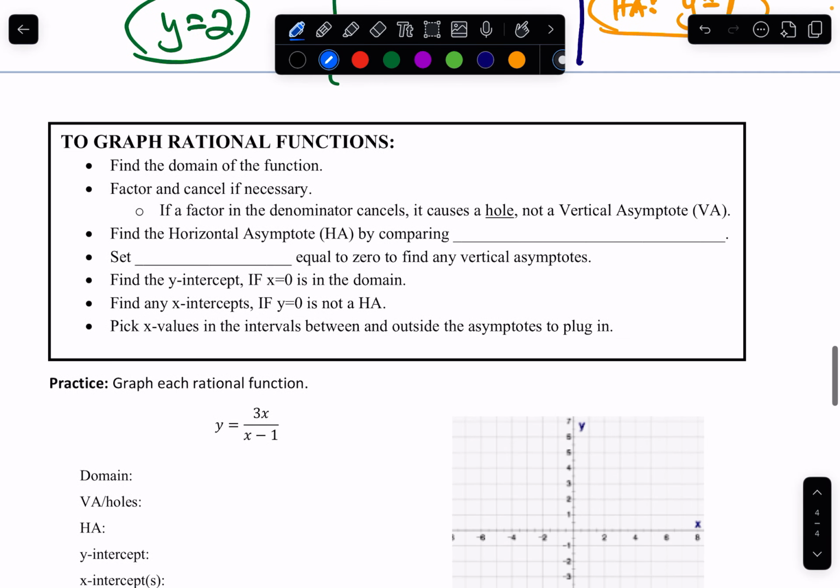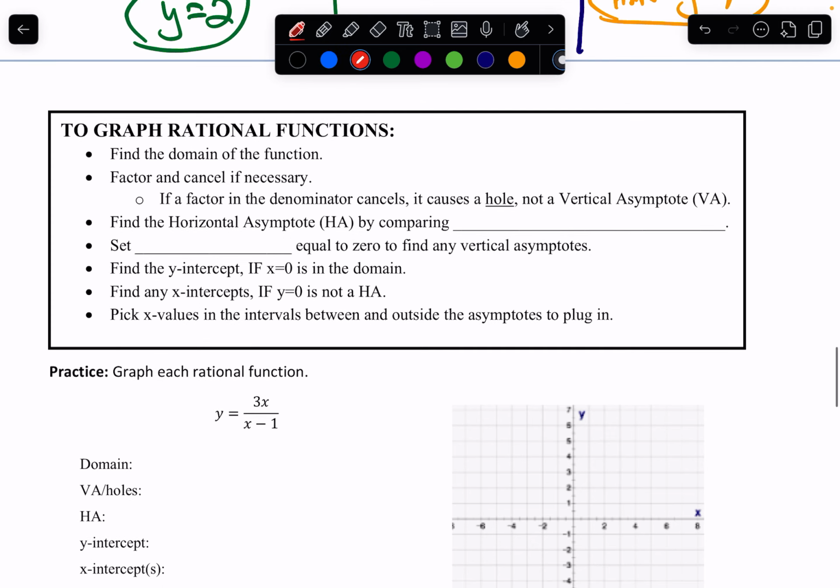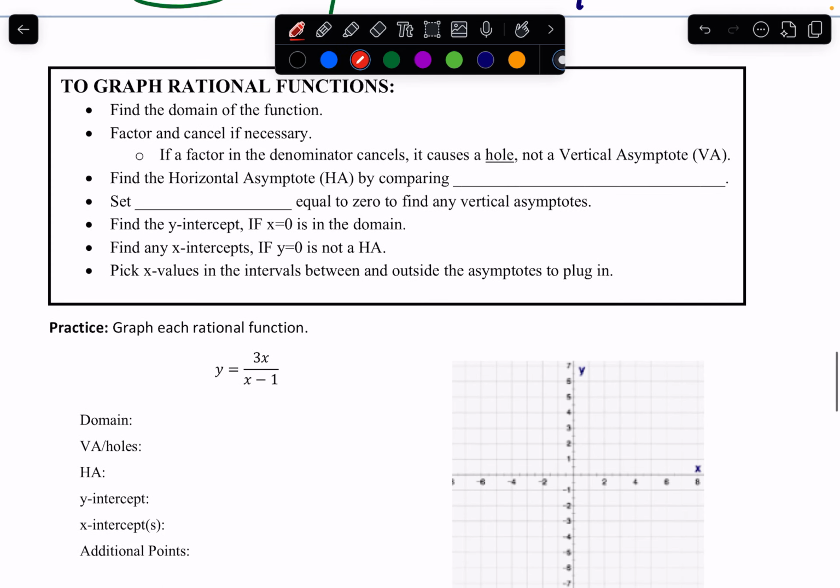We're going to now look at how do we graph rational functions. Again, this is kind of sketching. So what we need to do first is define the domain. Then we factor and cancel if necessary. If a factor in the denominator cancels, it causes a hole, not a vertical asymptote.